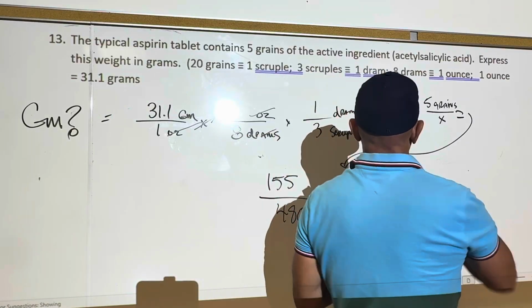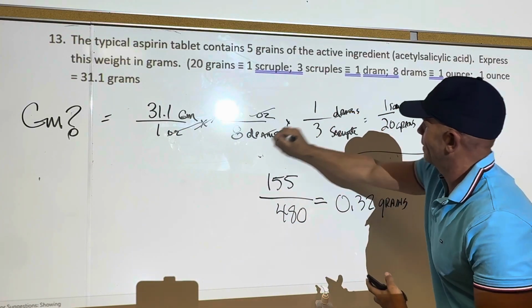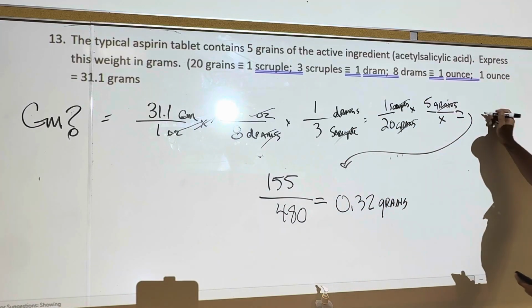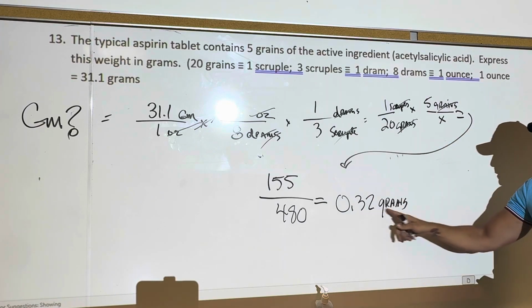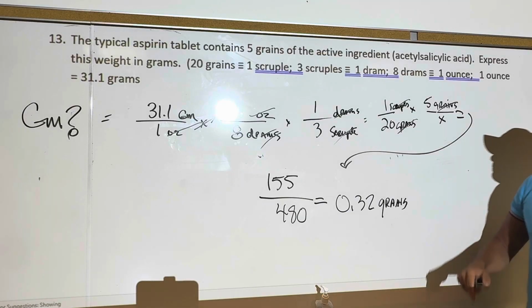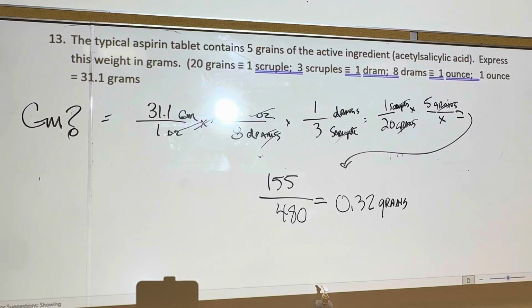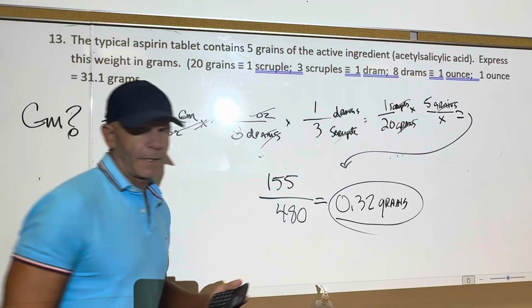We bring the scruples up here. Okay, so cross those out. Scruples, scruples. Grains, grains. And what are we looking for? We're looking for the grams. So you have 0.32 grams. Okay? All right. So 0.32 grams. That's your answer.